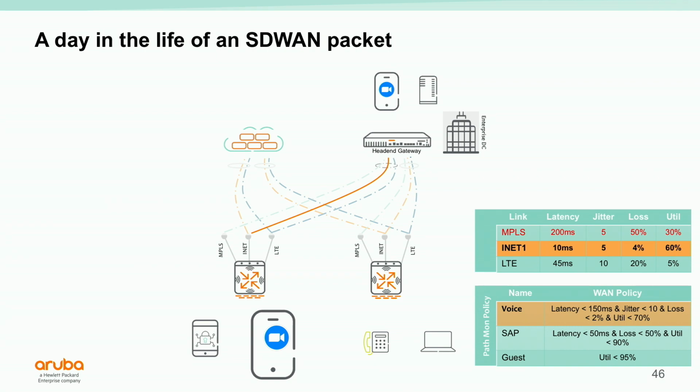Hits here, hits a client. When we go back, the branch gateway selects one path. From then on, the head-end gateway will just stick to that path that the branch gateway selected. If at any point in time the branch gateway decides to steer to a different path, this guy just obeys. Okay, does it make sense?